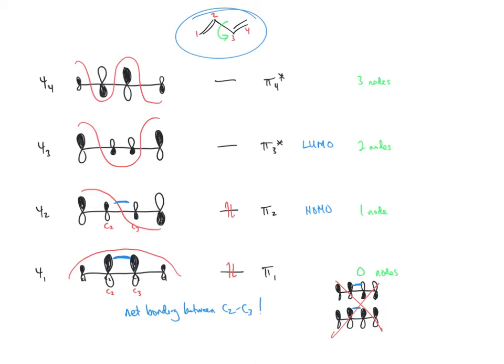Okay, so let's talk a little bit more about the effects of conjugation in these types of systems. What would happen if you had more and more conjugation? So conjugated systems have greater stability than non-conjugated systems.